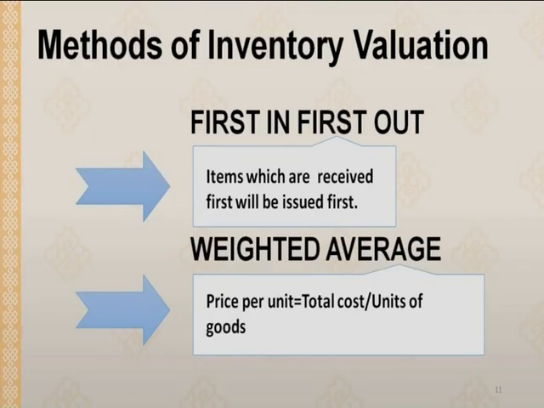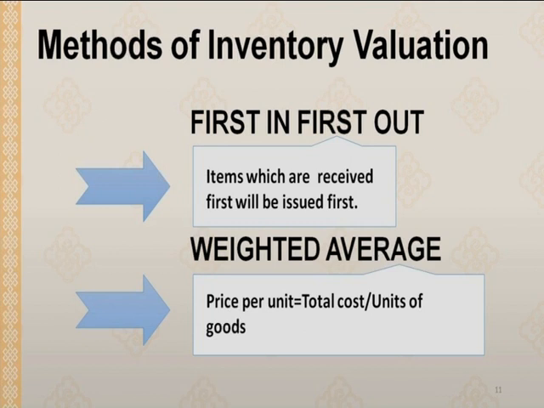Okay, next we have methods of inventory valuation. Inventory valuation we have already looked at: it is valued at cost price or market price, whichever is lower, using these two methods. The first method is first in first out, also called FIFO, which means whatever stock is received first has to be issued first.